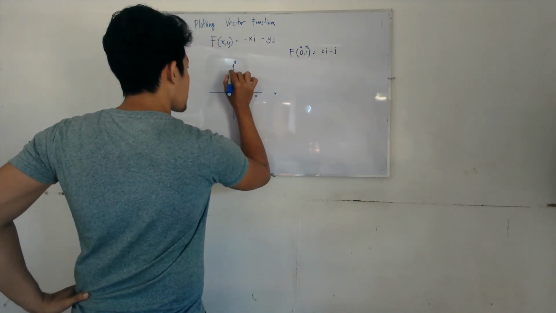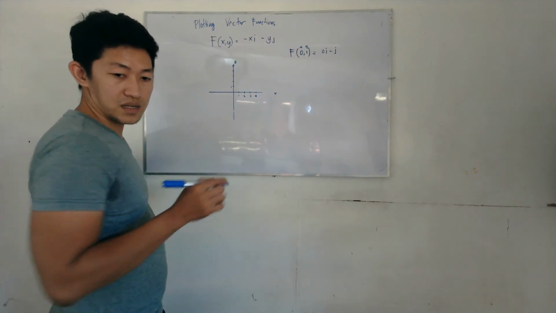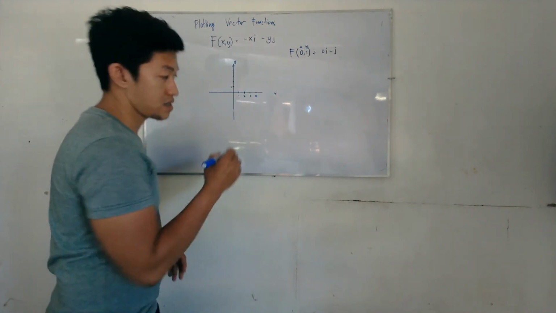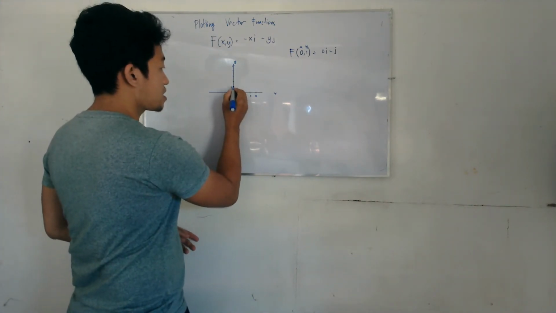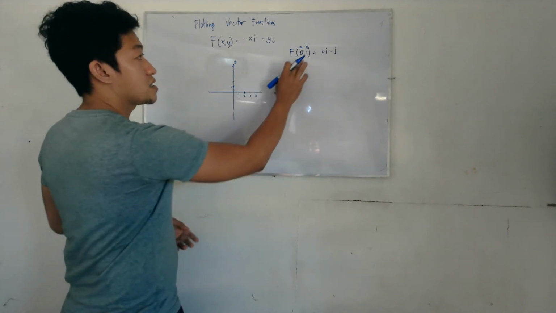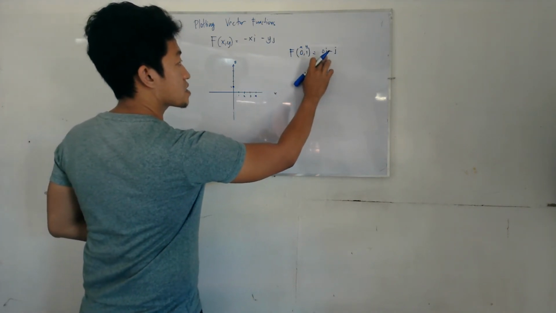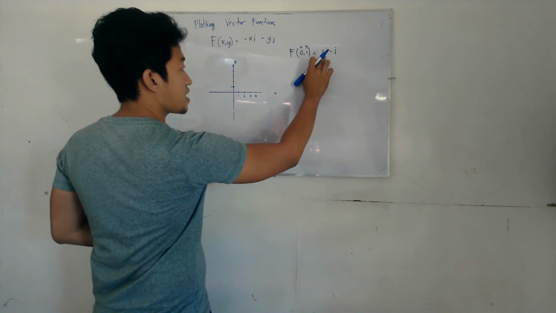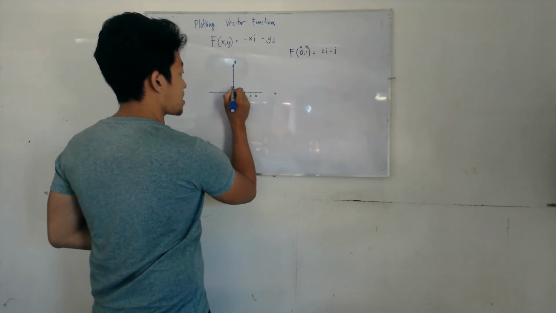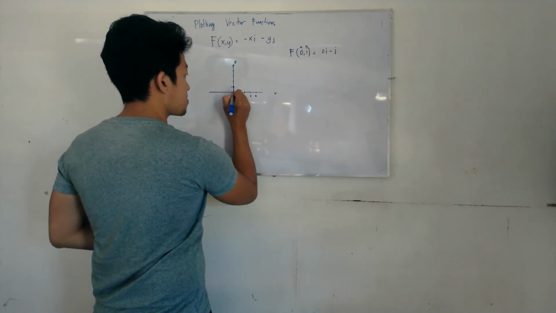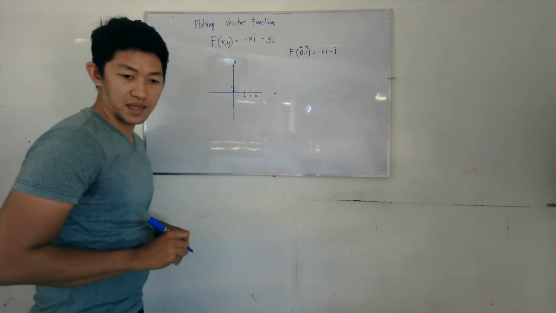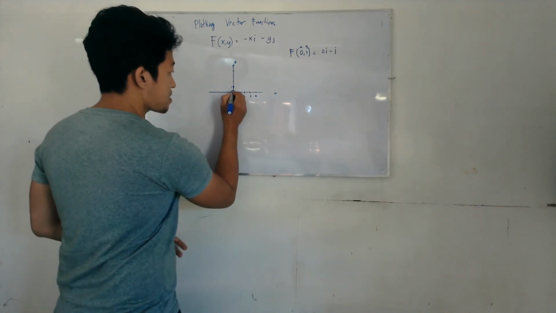So (0, 1) gives 0i and negative j, so the negative j points downward.